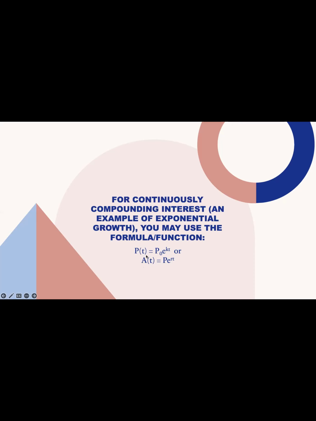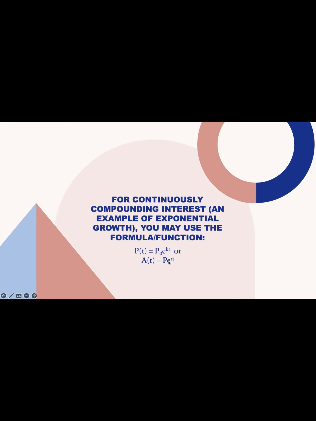Some people call this the future value of the account, the value of your investment after some time has gone by. On this side of the equation, we have P. P stands for principal. Some people refer to that as the present value. That is the amount that you are investing today, today's value.